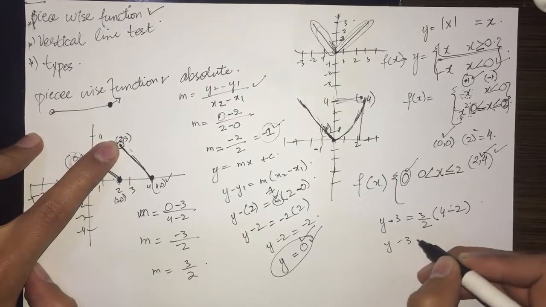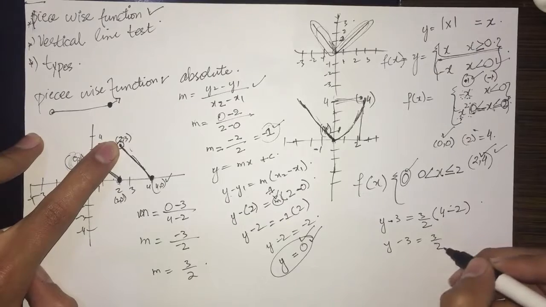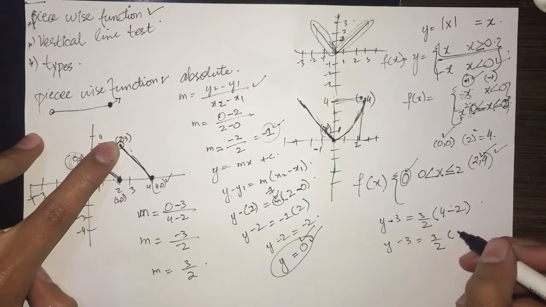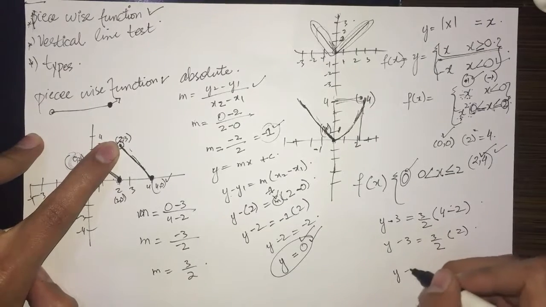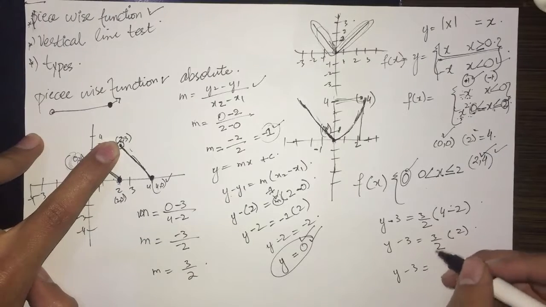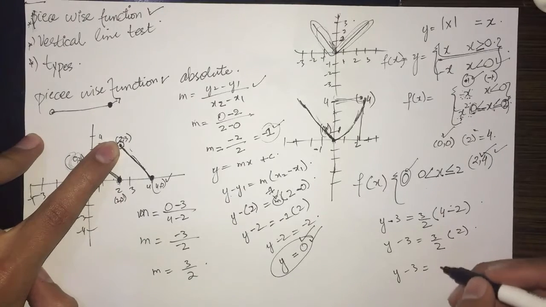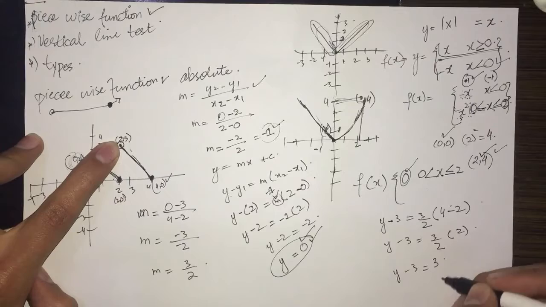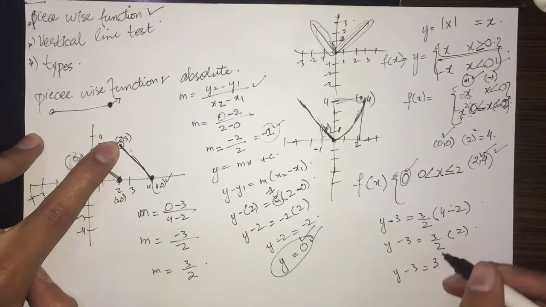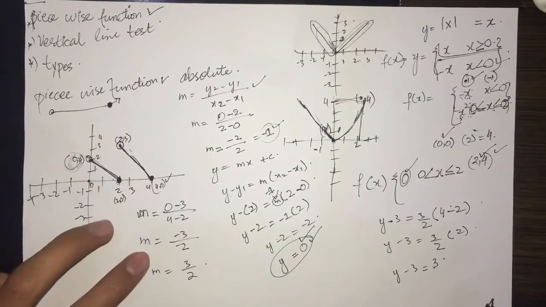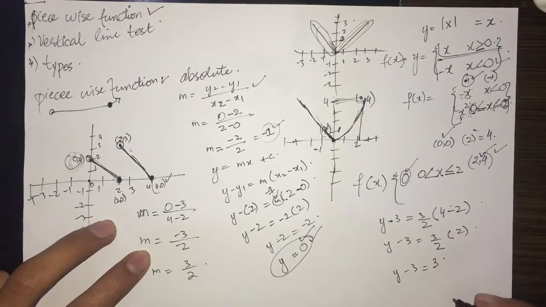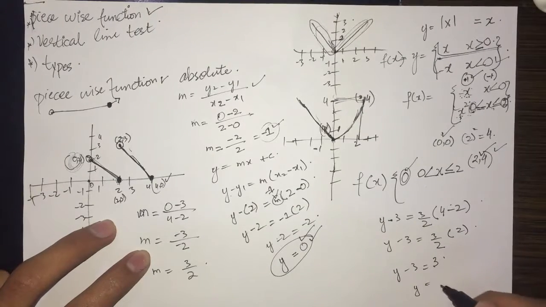So y minus 3 equals 3 by 2 times 4 minus 2, which is 2. So y minus 3 equals 3 into 2, 6 by 2, which is 3, and minus 3 and plus 3, so y will be 6.